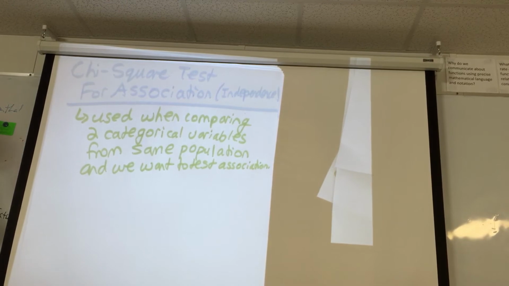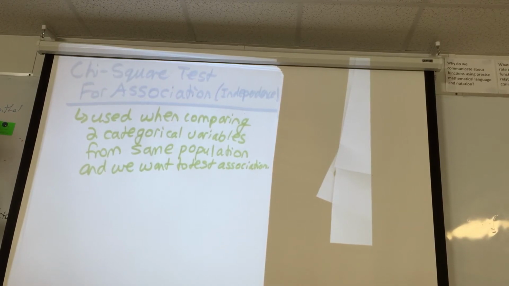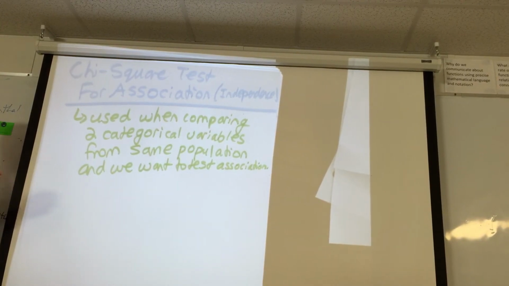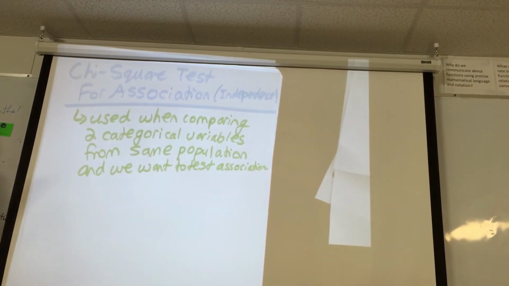Now, association was a troubling concept before, so let me try to re-explain what we mean by association. Association just means this, that one variable seems to affect another variable. So let me give you an example.